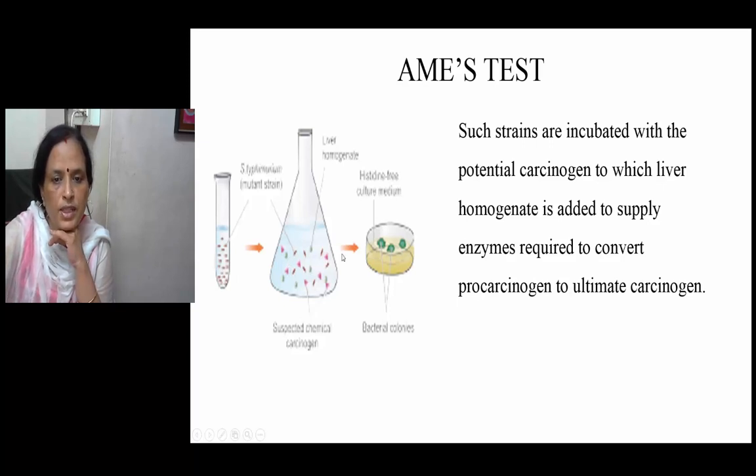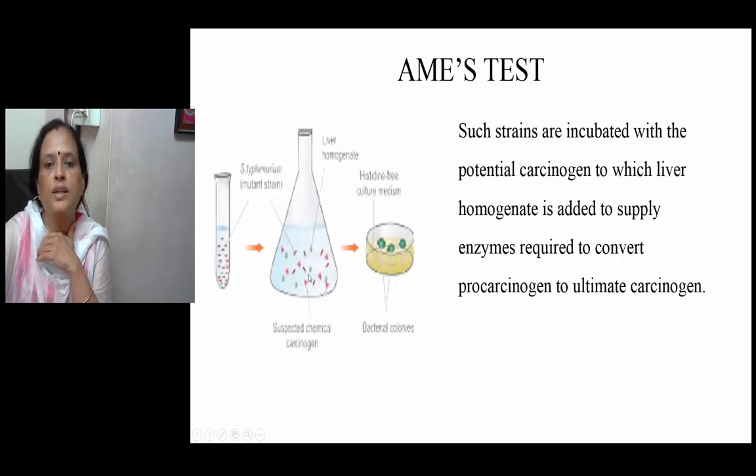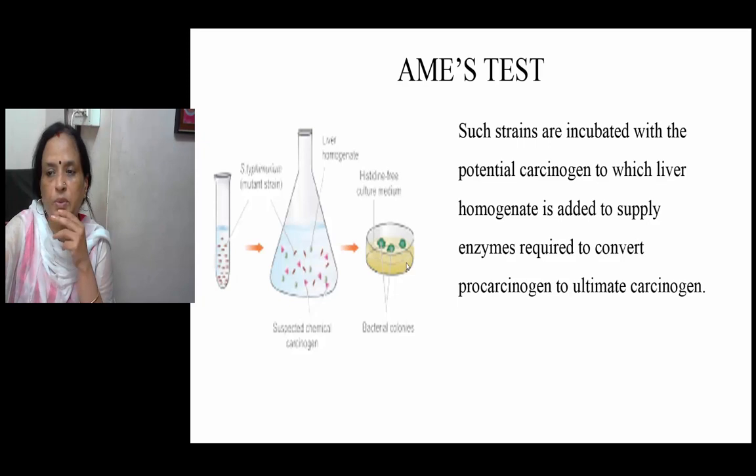So liver homogenate and the chemical which is to be tested plus Salmonella typhimurium mixture is there now. This is taken and added to a culture medium. This culture medium doesn't have histidine, so bacteria cannot grow there.